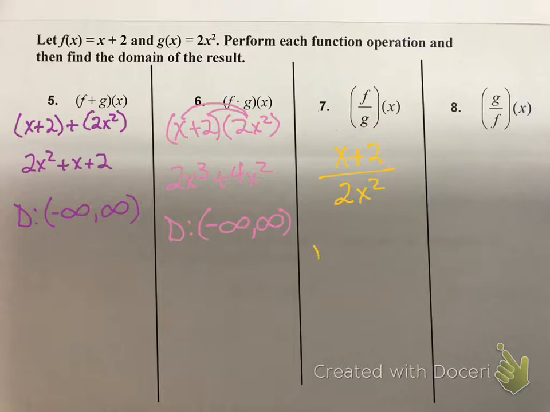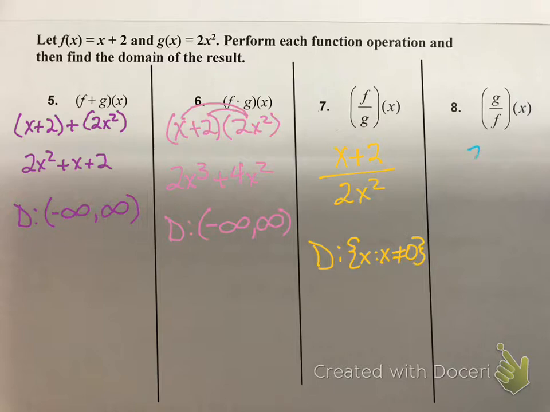Now, f divided by g. X plus 2 and 2x squared don't have any common factors between the two of them, so we just leave that the way it is. There is no reducing. It's already in reduced form. So, what would make my denominator equal 0? 0 would.